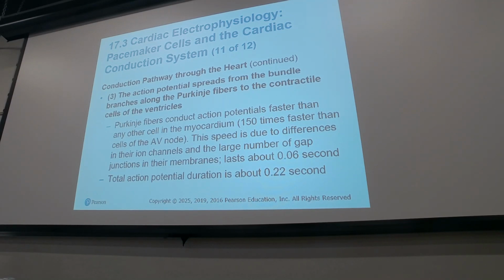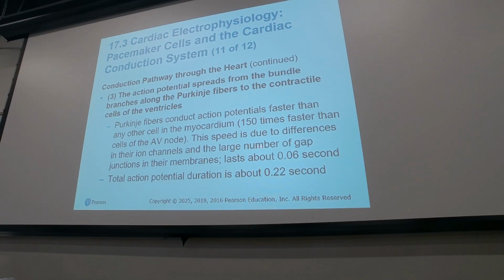And then your Purkinje fibers will transfer the action potentials, after they are received from the bundle branches, right and left, into the rest of the cells in the ventricles. And this speed is 150 times faster than the cells of the AV node. So once your ventricles have the blood in them, they push it out faster because of the speed at which the Purkinje fibers transmit the action potentials.